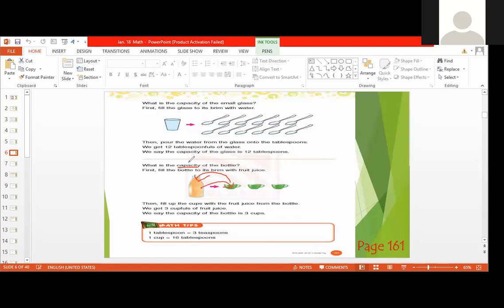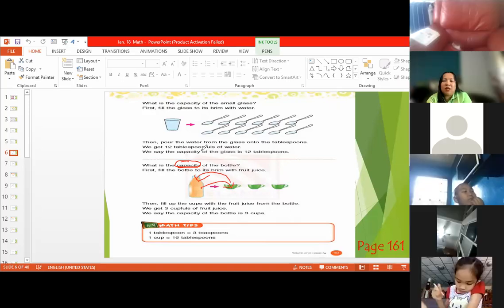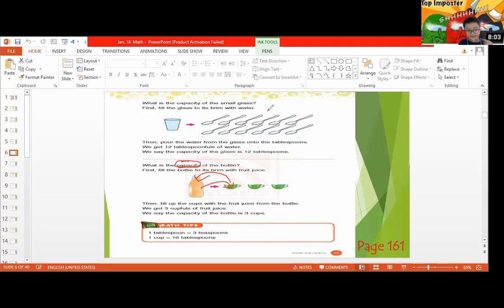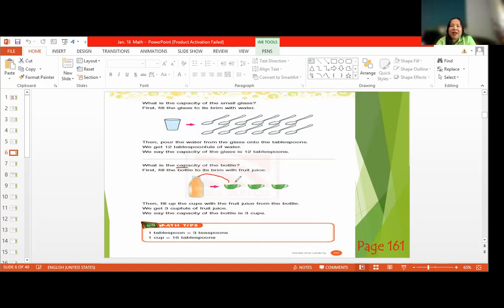For capacity, what are we going to do? Are we going to put in or put out? Put in, yes, because it's capacity. We are going to put in so that we will know how many cups of juice can fill this bottle. Fill up the cup with fruit juice from the bottle. So 1, 2, 3.